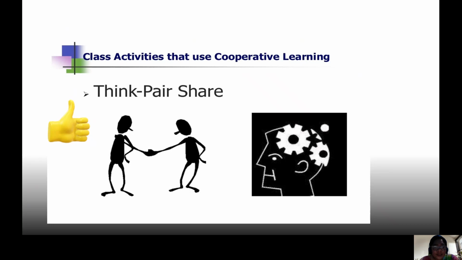An example of this is the think, pair, share. Basically, these are different applications of collaborative learning. There should be a pair, and then each pair will share their thoughts about a certain topic or ideas assigned to them.